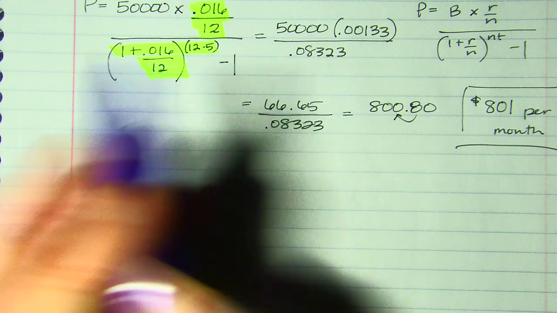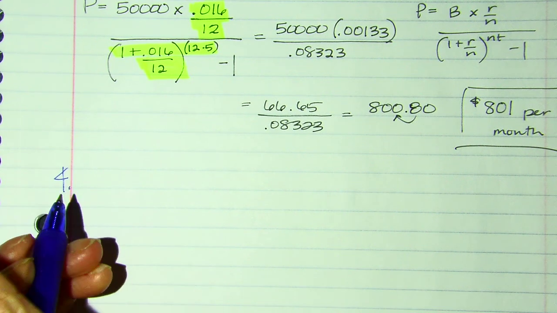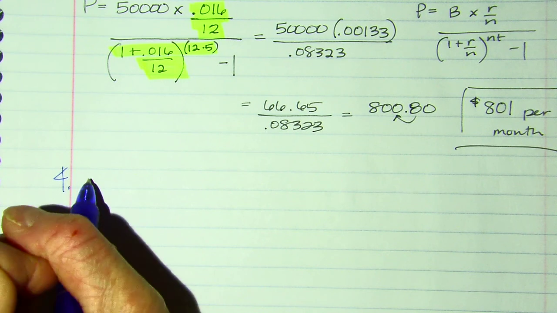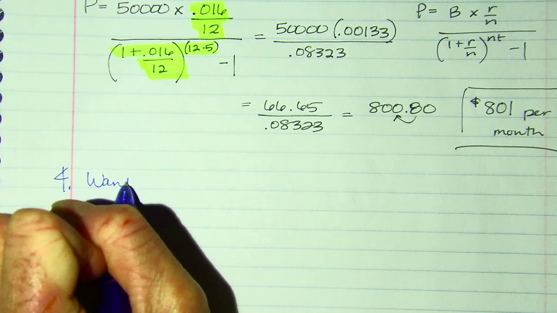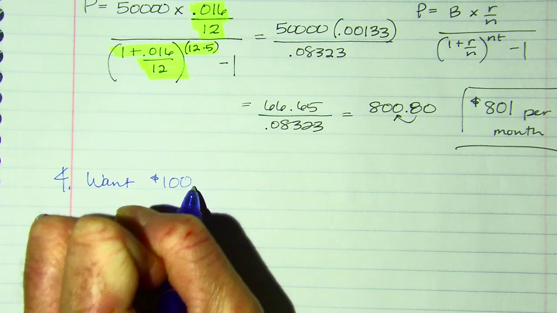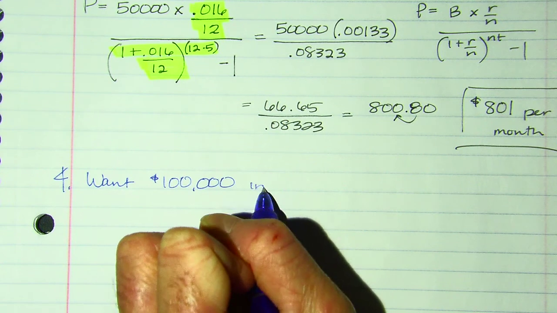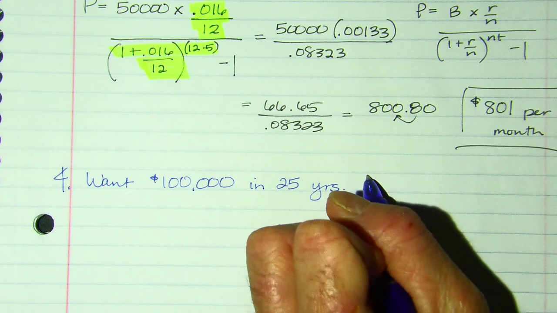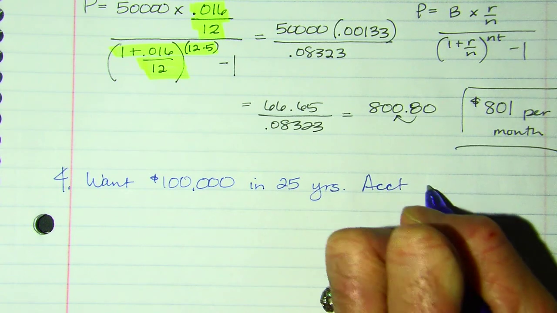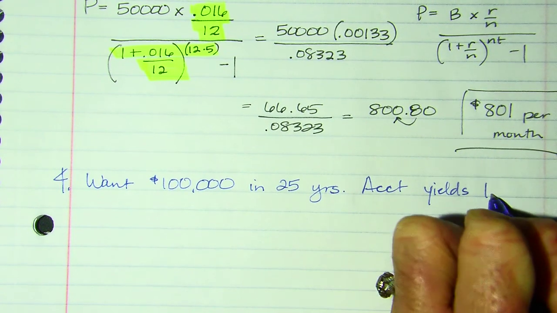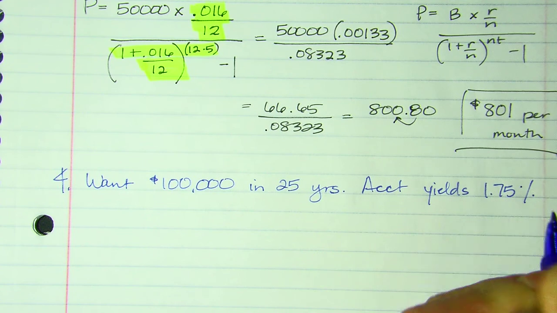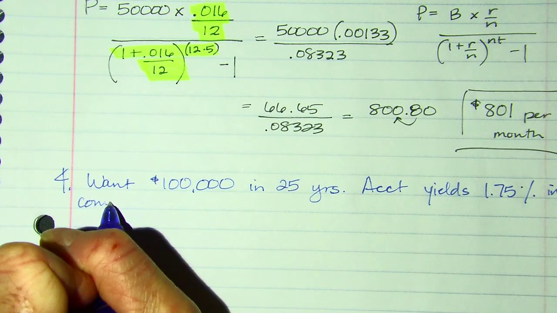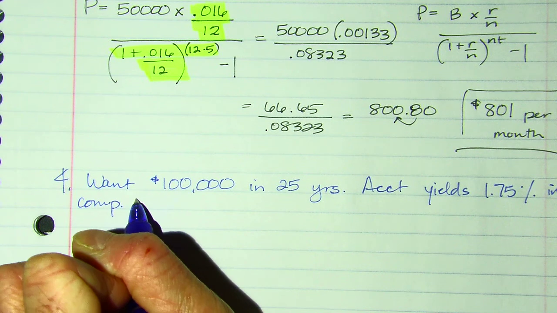Next one. All right, so let's do this one. If I want 100,000 in 25 years, my account yields 1.75 interest, compounded weekly.